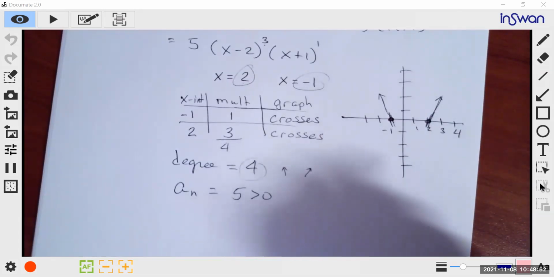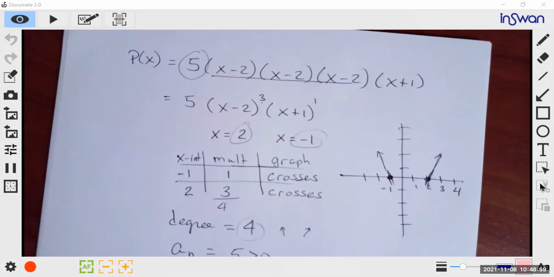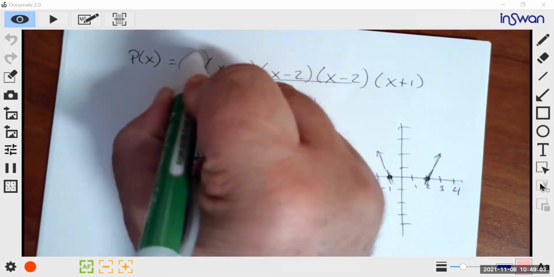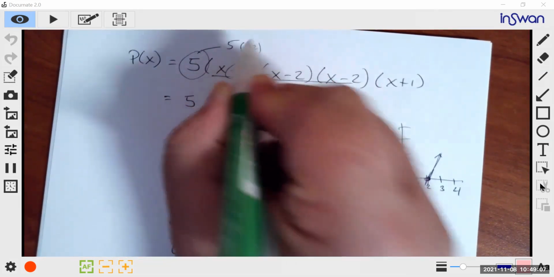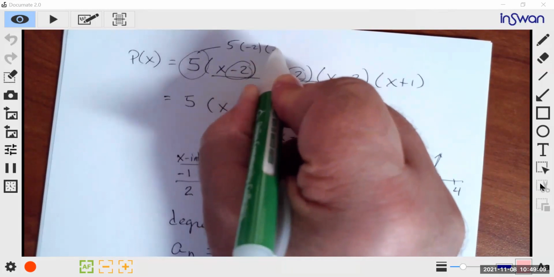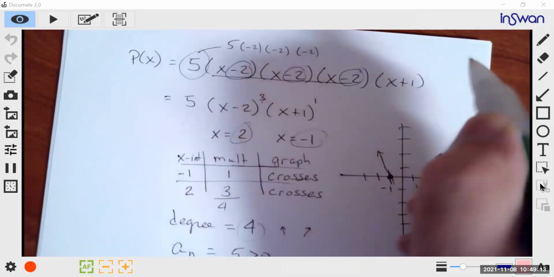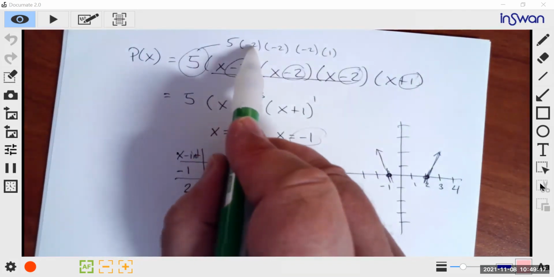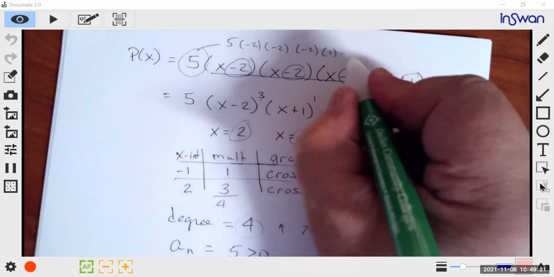Do we know the y-intercept? To find the y-intercept, multiply all the numbers. 5, -2, -2, -2, +1. So 5 times 2 is 10, times 2 is 20, times 2 is 40.